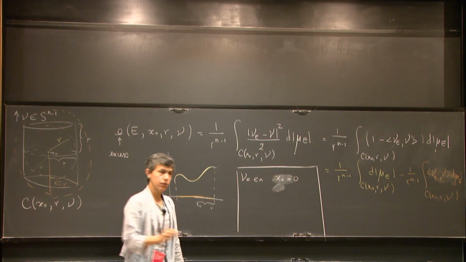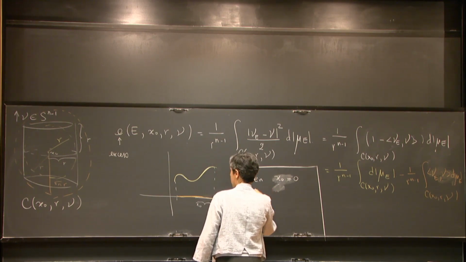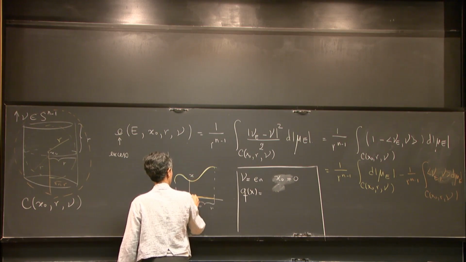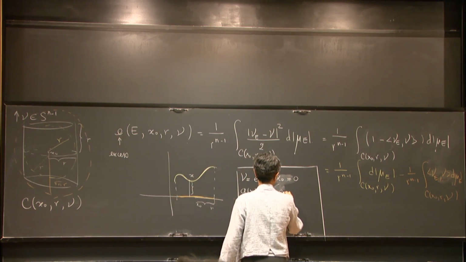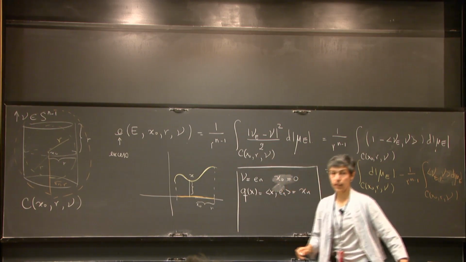And Q sub x is the projection, so it is the height. If this is a point x, Q sub x is the height. That's the inner product between x and e sub n. And let's remember, this is just simply xn.